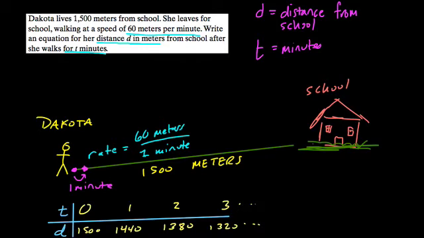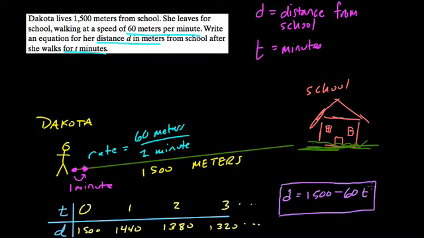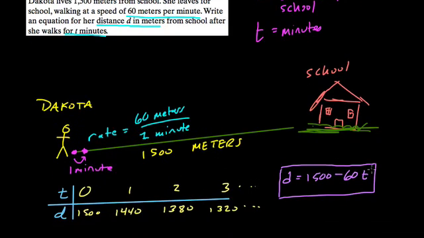And what you can see is that the distance from school is going to be equal to the starting point, 1,500, minus 60 meters for every minute, t. In other words, we just subtract 60 meters times the number of minutes from 1,500, because we thought of it one step after another, right? Subtract 60 and subtract 60.